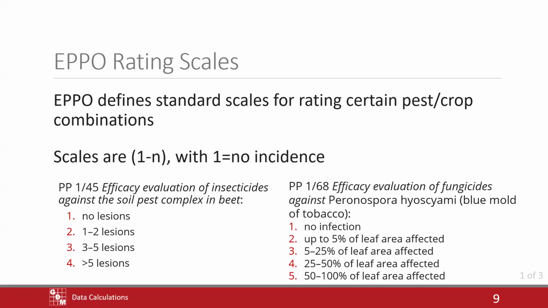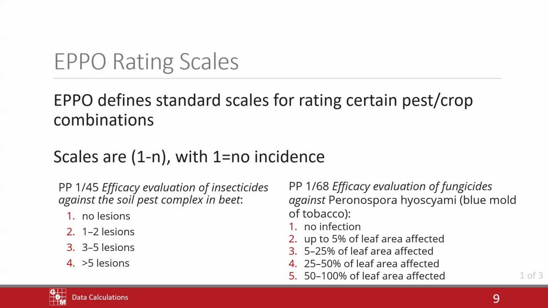All right, next topic. We just kind of hinted at the rating scales. EPPO has a whole set of standard scales, usually focusing on a pest and crop combination. The general layout of all of those scales is that they are 1 to some number, we'll say n, where 1 is your no incidence.